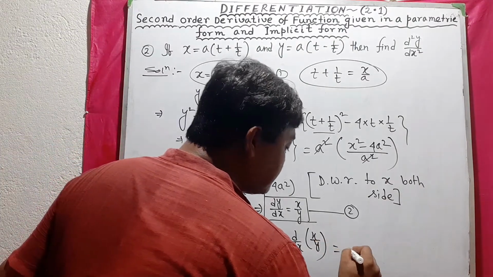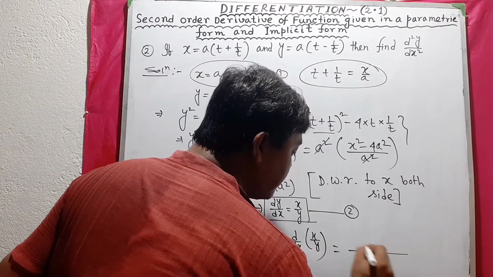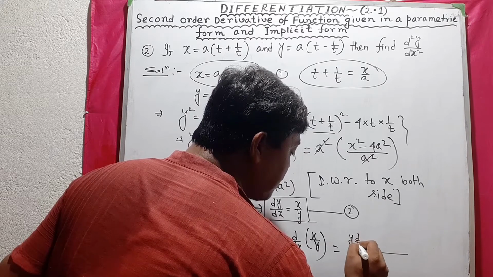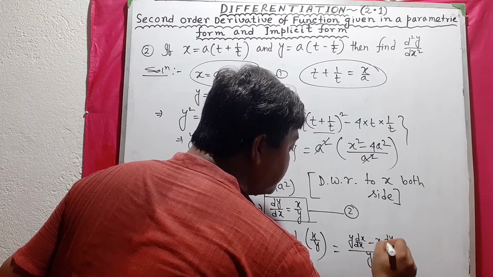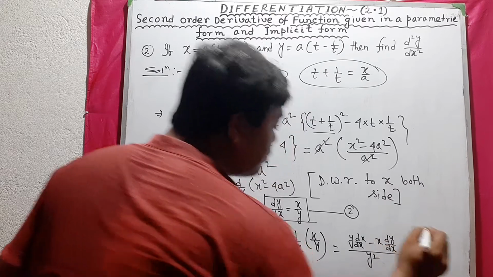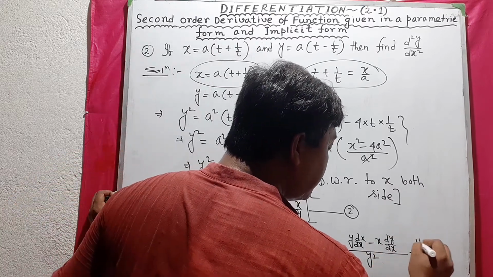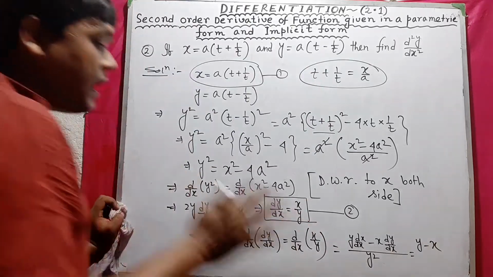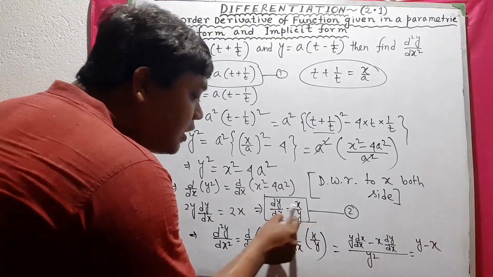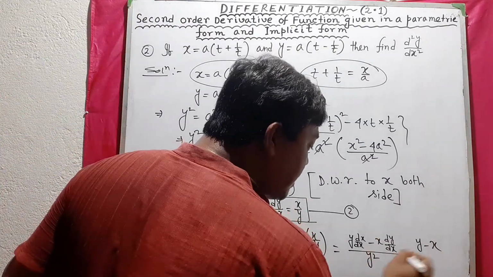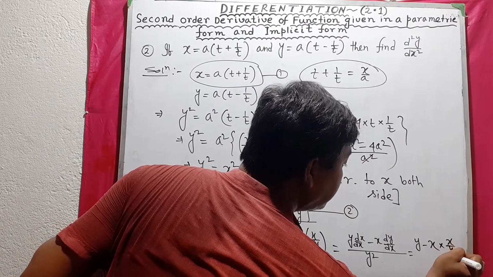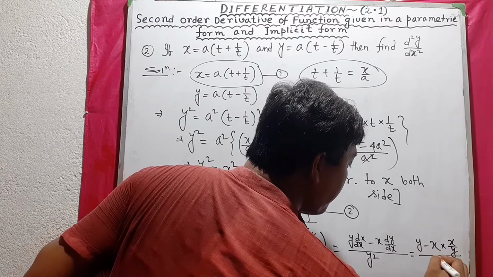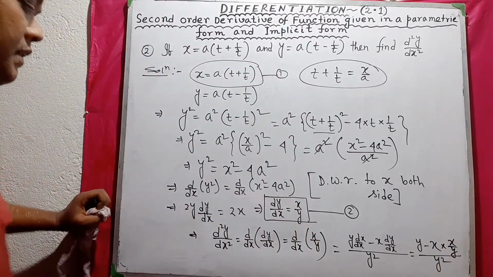So that gives y into d/dx of x, that is 1, minus x into dy/dx, over y squared. So we get y minus x, and what is dy/dx? We have already calculated it from 2. Just put down the value of dy/dx, that gives x by y, over y squared. Am I right?